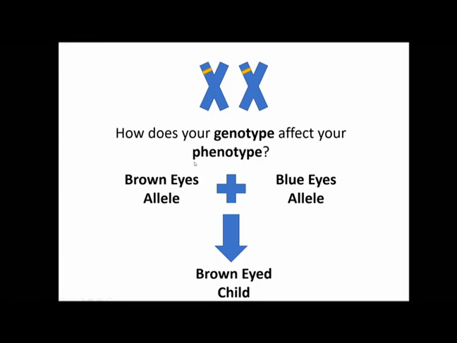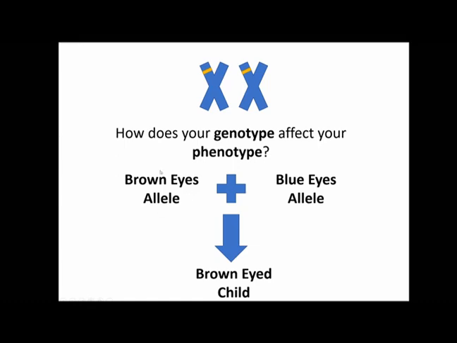So what observable trait can we see? And in this case, if you have a brown eye allele from one parent and a blue eye allele from the other, we end up seeing that the child will have brown eyes. So the pattern here is that this pigment, the protein produced by this particular allele for that gene, is stronger than this one.